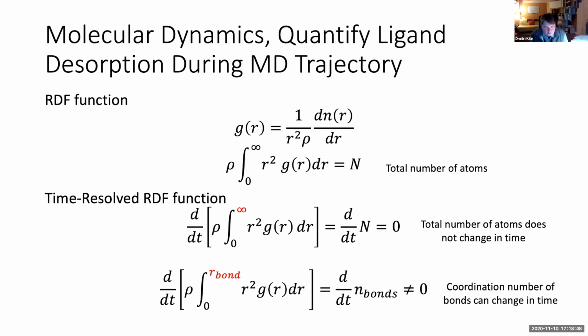Well, I'll show you in the next slide, but if I took the time to figure out what the actual normalization should be, we should know at the initial time zero how many bonds there are, what the coordination number is, and then how that changes, and it should be integer stepwise.